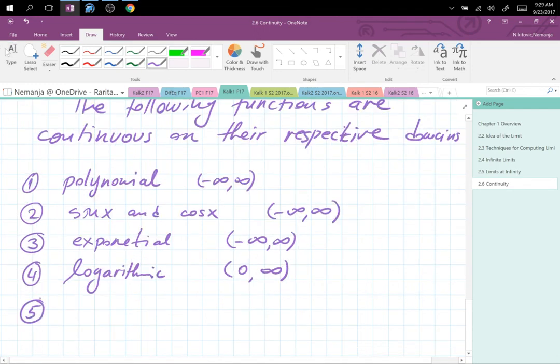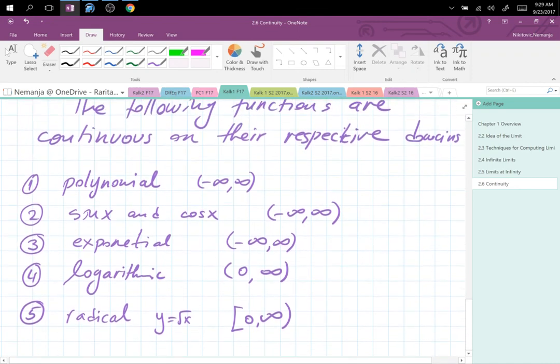Number 5, radical. Radical function is continuous. That's y equals square root of x. But this one goes 0 to infinity. It includes 0.